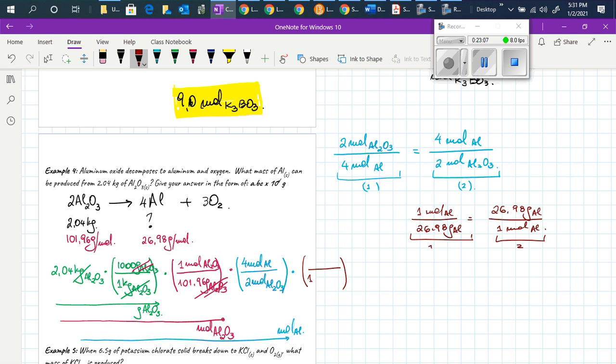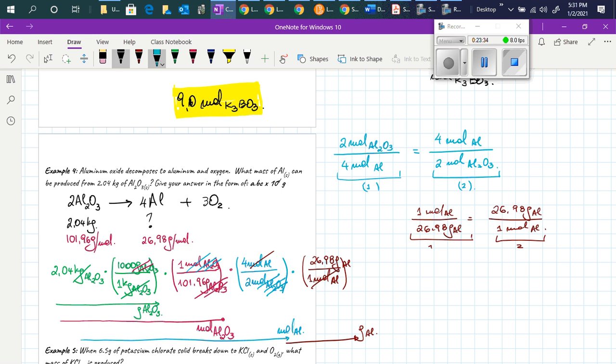So 1 mole of aluminum is 26.98 grams of aluminum, and what we have up to this is grams of aluminum, because moles of aluminum is cancelled out, and on the previous step, moles of aluminum oxide were cancelled out.